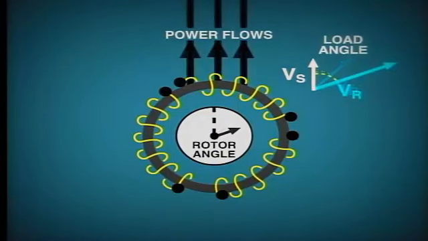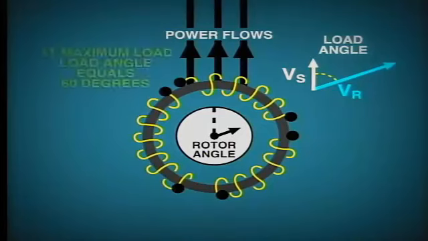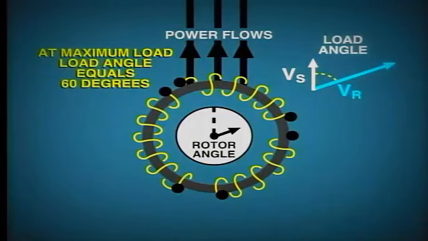To further increase power output, we increase steam flow and so further increase the load angle, which in turn increases the power output. In each case, the rotor settles down to its new condition and continues to run at the new load angle. At maximum load, the load angle will probably be about 60 degrees.